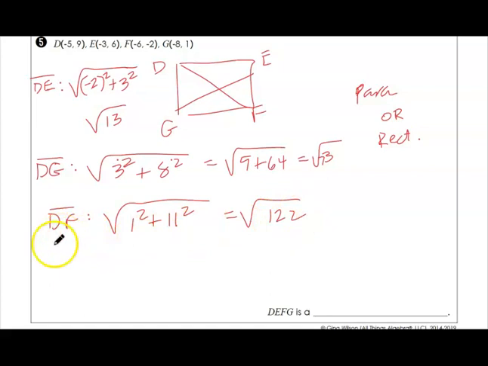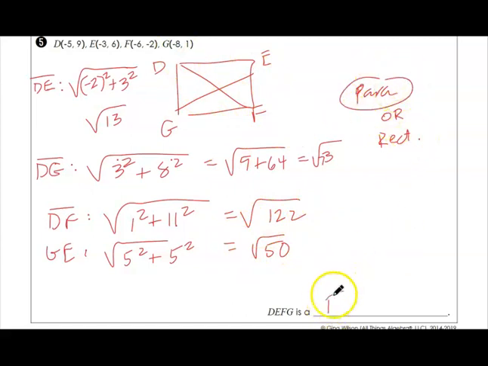And now let's check out GE. Negative 3 plus 8 is 5 squared. And 6 minus 1 is 5 squared. So we got the square root of 50. So the diagonals are different measurements. So this has to be a parallelogram.